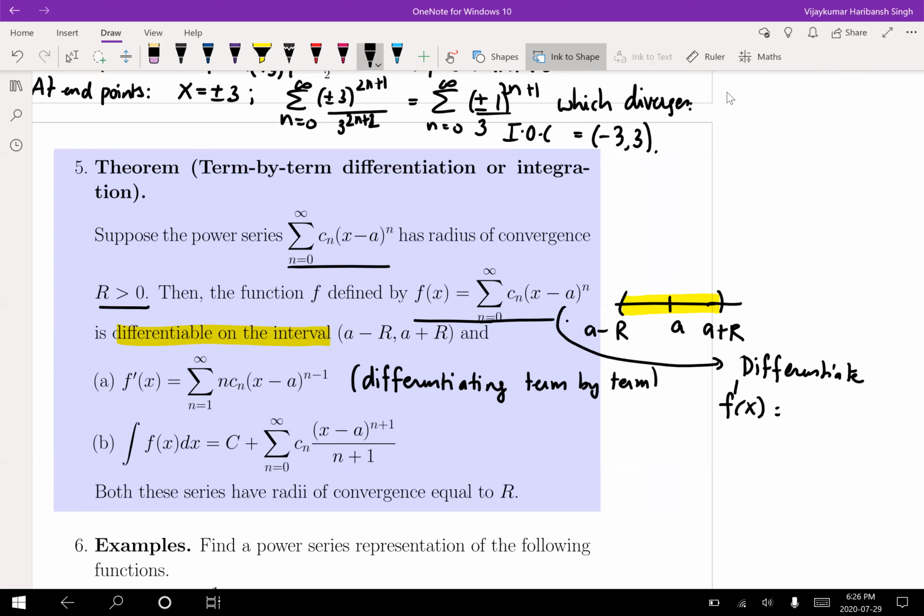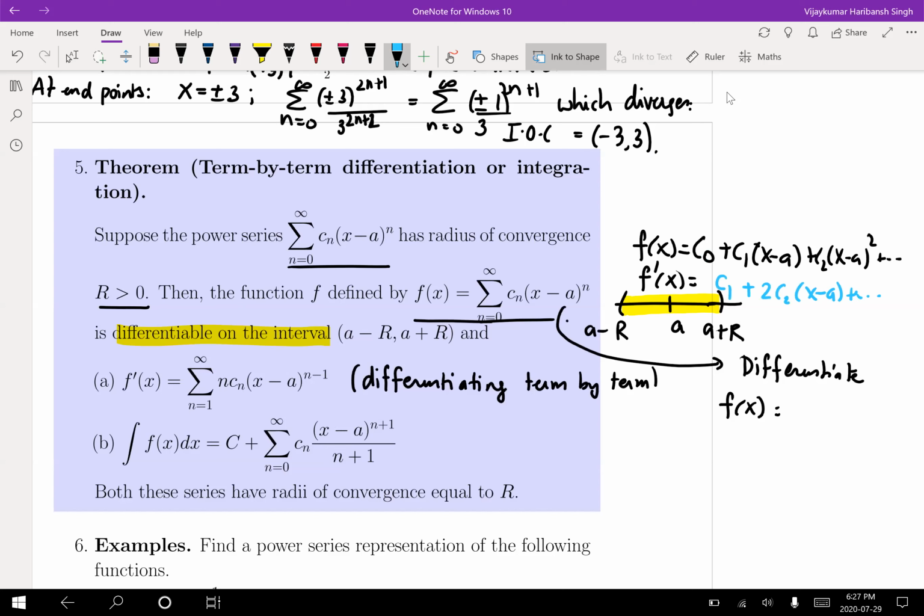So now let me write down the terms in the expanded form. I have f of x equals c0 plus c1 (x minus a) plus c2 (x minus a) squared dot dot dot. So when I take f prime x, the first term will become 0, and we'll have c1 plus 2 c2 (x minus a) dot dot dot.